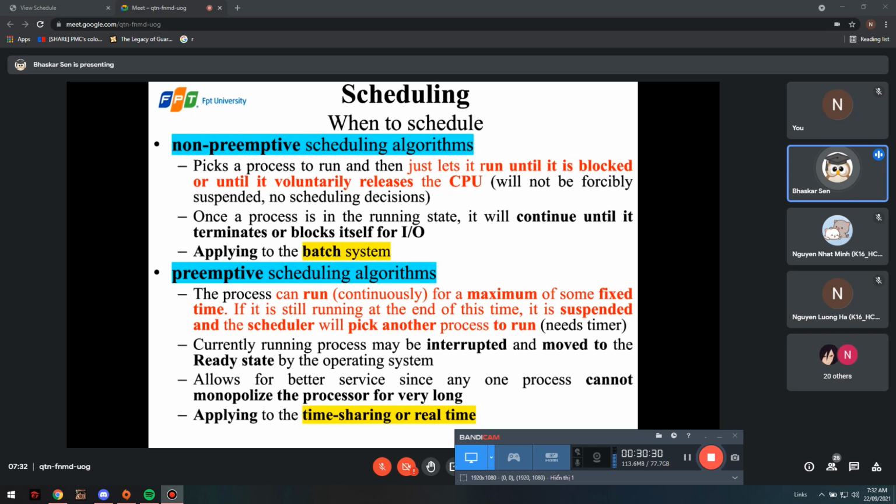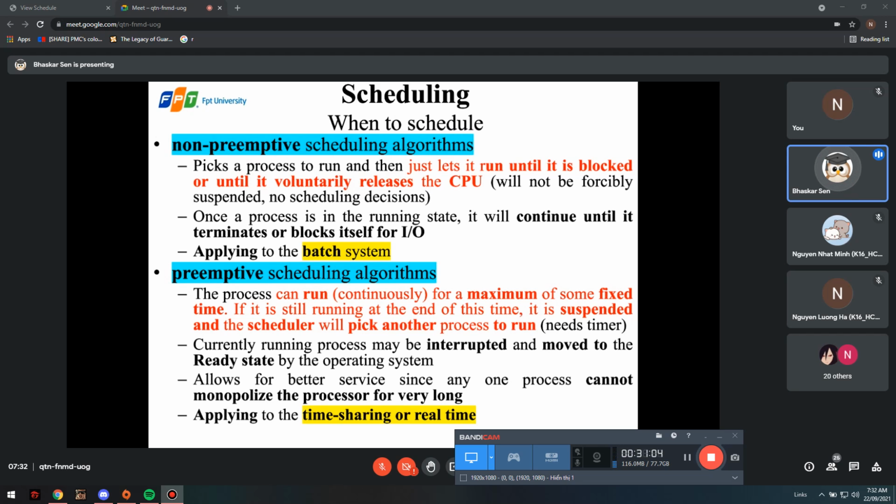And how about the non-preemptive? The non-preemptive is just the opposite. We don't make any guess about the speed of the processes or the time that will be allowed for the process execution. So basically, if a process is currently running on CPU, then we just let it run. We don't want to interrupt it, and it keeps running as long as it wants to run.